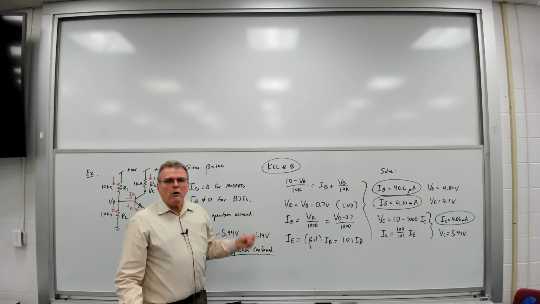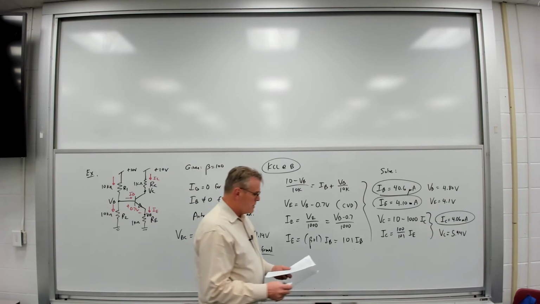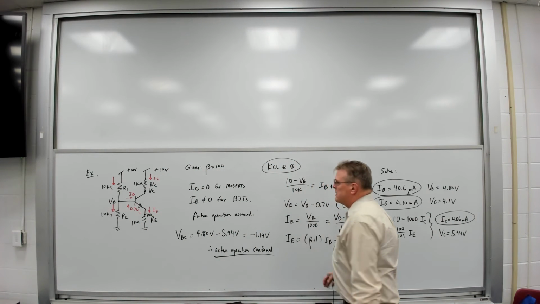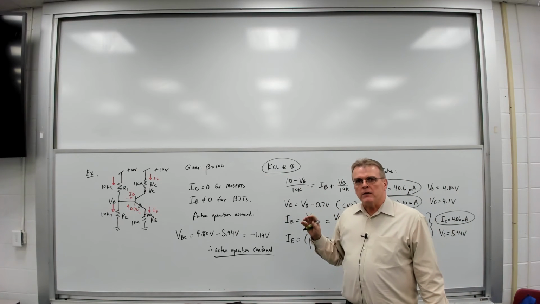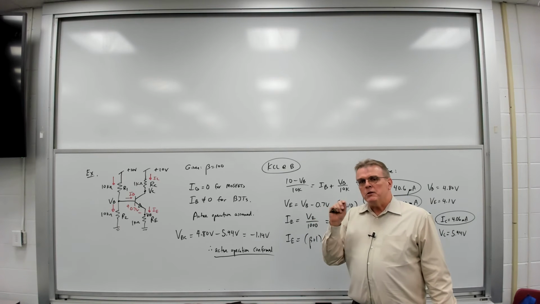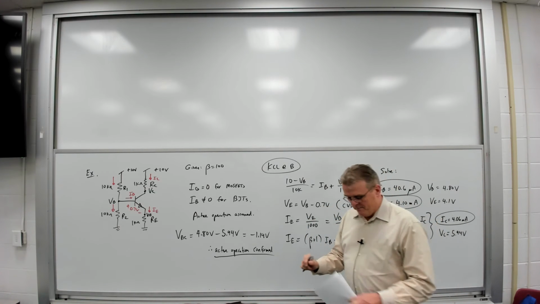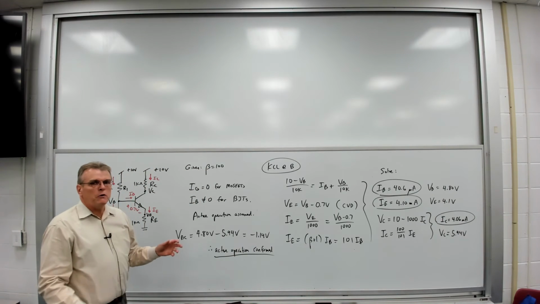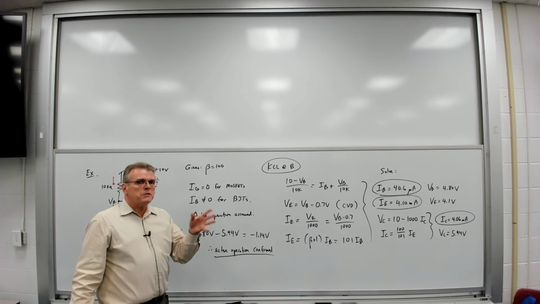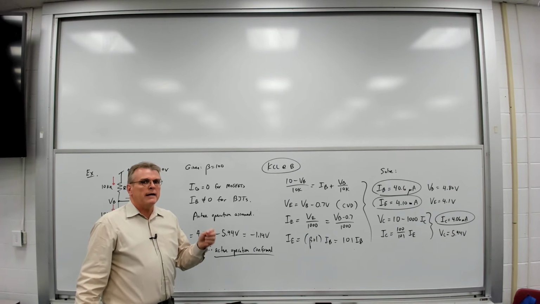But there's another way to look at these types of problems. This is something the book shows, which is a more intuitive way of solving this type of problem, but you have to use Thevenin's theorem in order to apply it. Although this works just fine, I can show you a way that gives you a more direct solution of the emitter current and the base current.